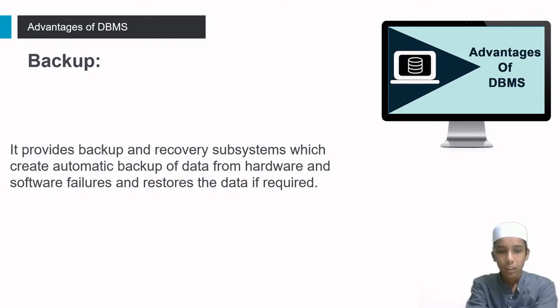So DBMS creates automatic backup of data from hardware and software failures. It provides backup and recovery subsystems, so that if any failure happens, it restores the data that was lost.